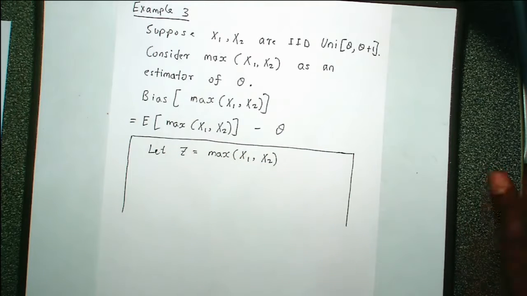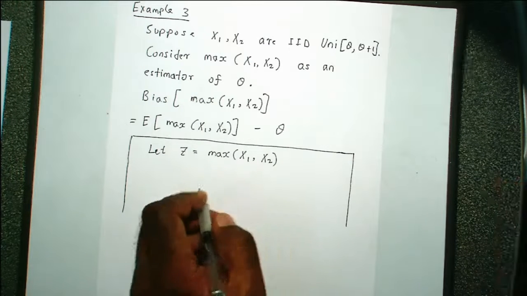You will see in a minute why I'm doing this, because I need to know the distribution of the max before I can work out the expectation. You cannot take the expectation without knowing what the density or the CDF is, right? So that's what I'm trying to do now.